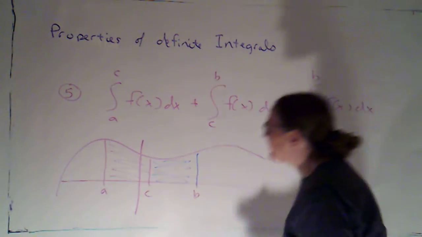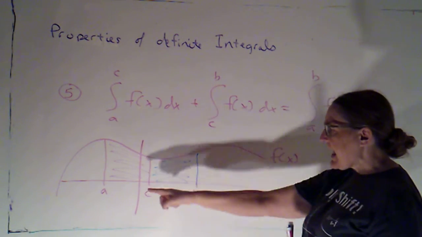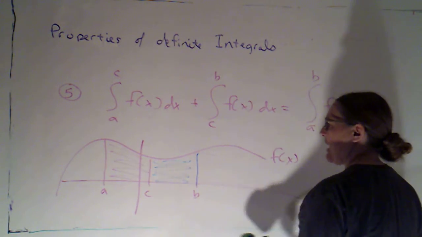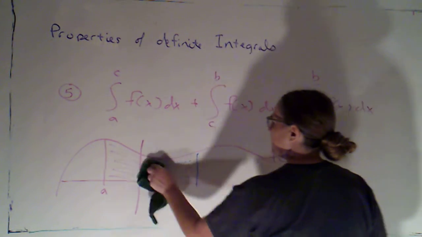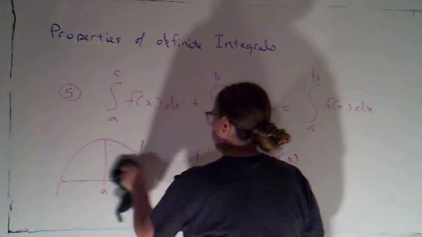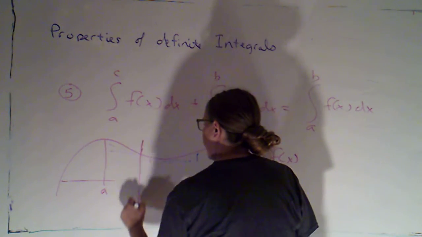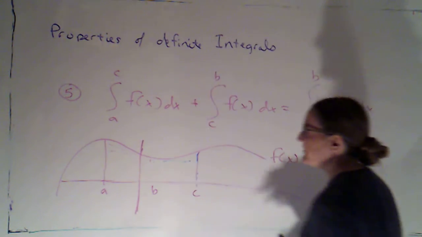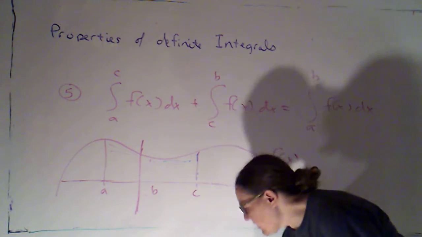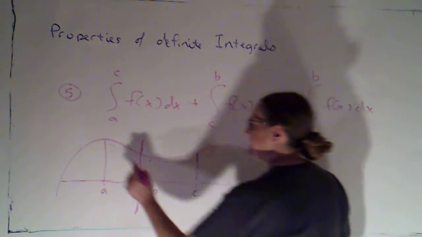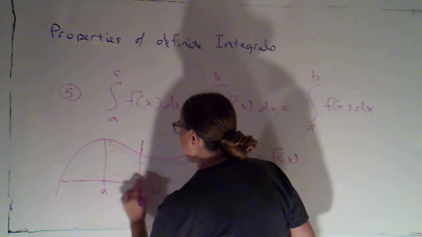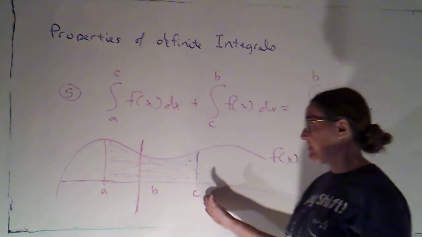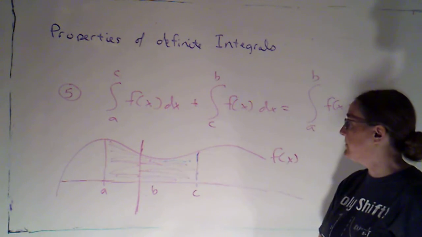But now, there was nothing here that said A, C, and B had to be in this order. So what if I did put them in alphabetical order? What if I had B here and C here? So now, the integral from A to C would represent all of this signed area counted as positive, because I'm integrating from left to right and my height is positive.